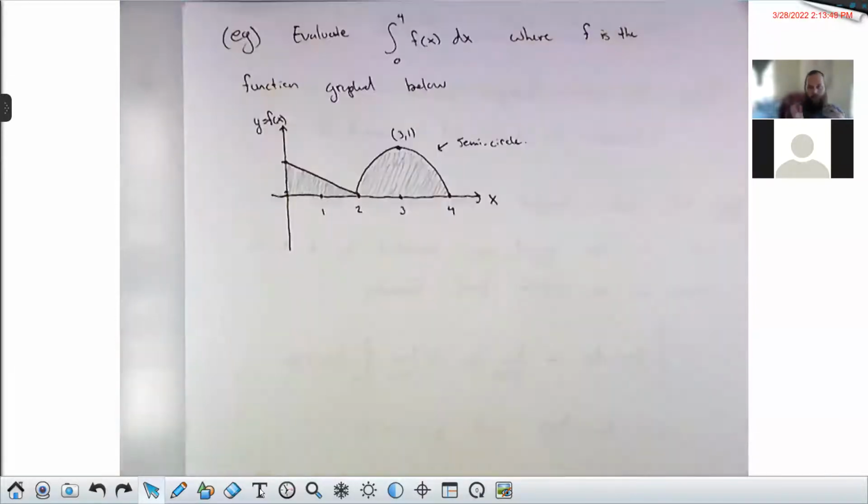Of course, if this was out of the book or something, you could see clearly from the drawing that this was definitely a semicircle. My art is not perfect, so there's room to question, is that a circle, an ellipse, something else? But I assure you, this is a semicircle. And f is linear from 0 to 2, which means the area bounded by that is a triangle, or, worst case scenario, a trapezoid.